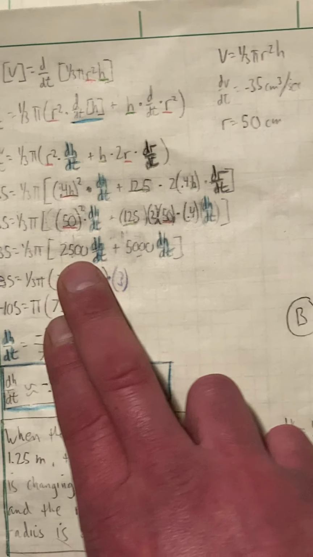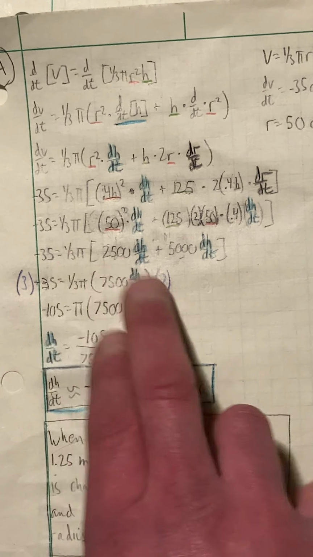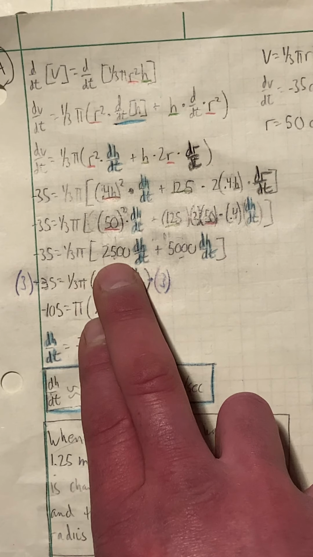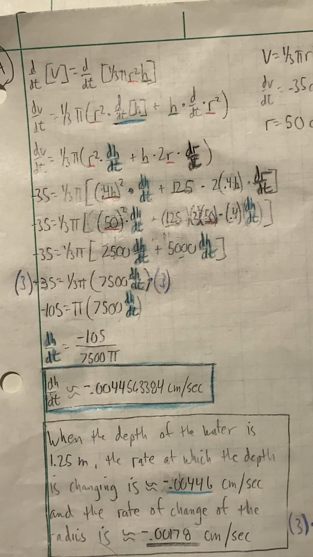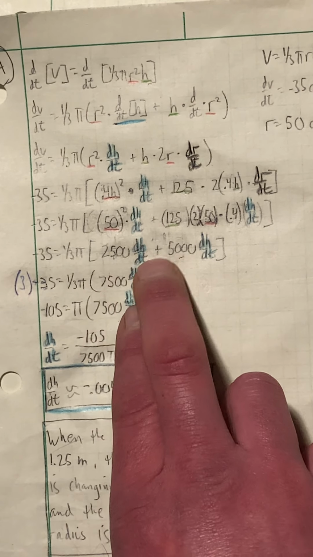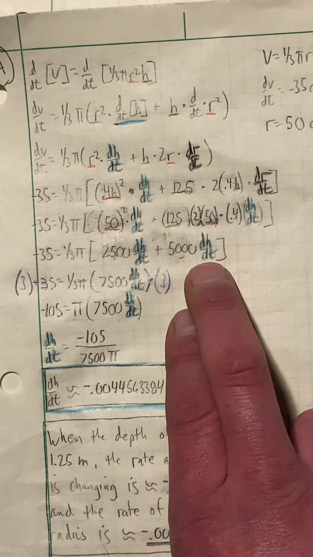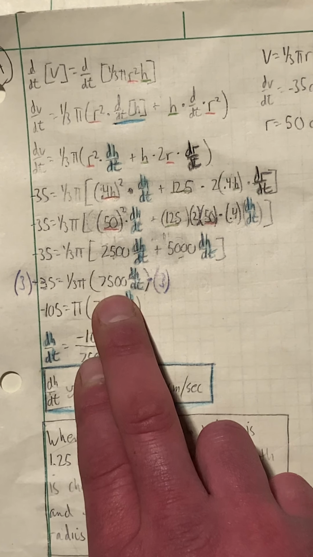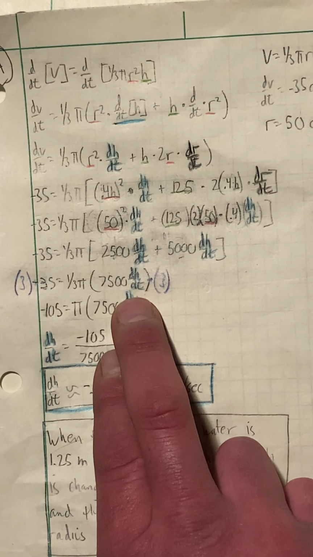In doing so, we're left with negative 35 equals 1/3 pi times 2,500 centimeters times dH over dt plus 5,000 centimeters times dH over dt. When we combine like terms, we get 7,500 times dH over dt.